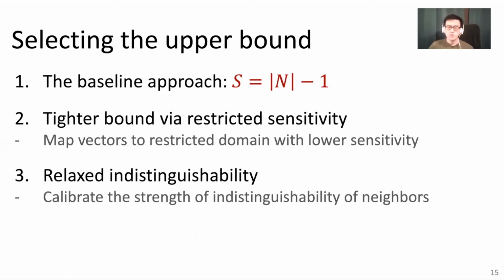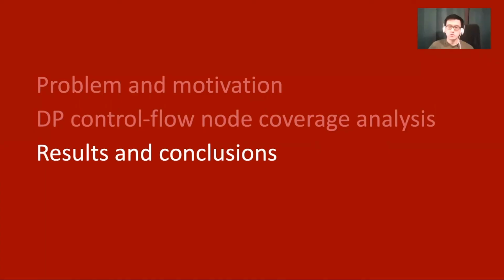To further improve the accuracy, we propose to relax the strength of indistinguishability of neighbors so that for nodes that are lower in the dominator tree, we have higher privacy protection. The details of these approaches are in the paper. Next, I will show the results of the experiments and the conclusions.